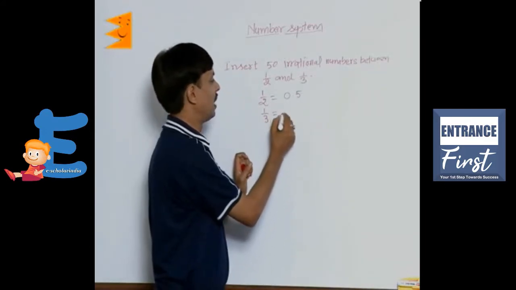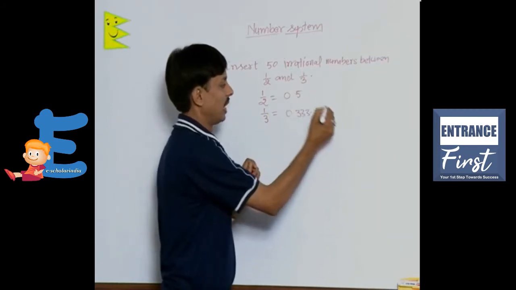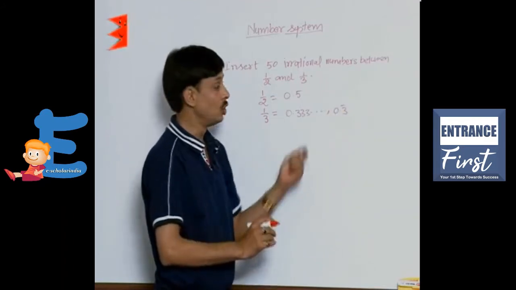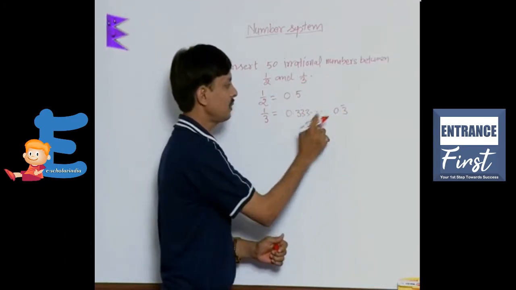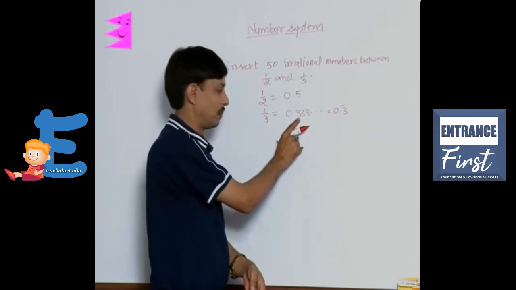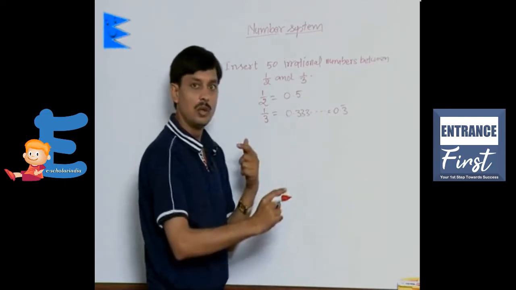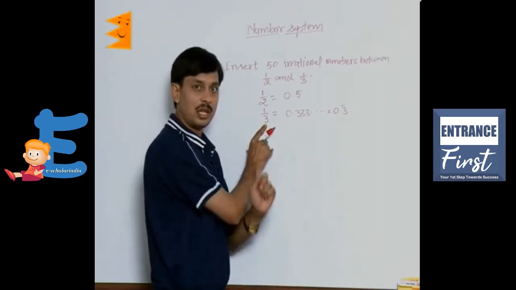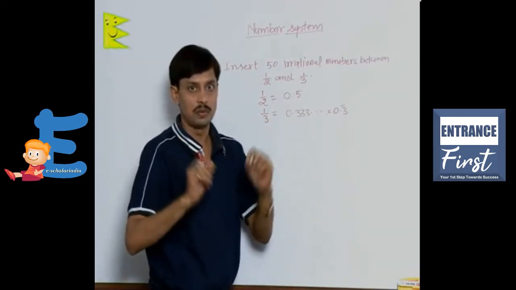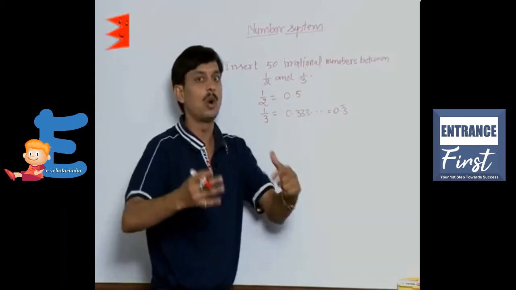So you all know the answer of 1 by 3 is 0.3333 dot dot dot. Sometimes you can write it as 0.3 bar, having the same meaning. Here the repetition has started immediately after 1 place. The denominator is 3, 3 minus 1 is 2, and repetition has to start, in the case of non-terminating rational numbers, within denominator minus 1 places or before it.